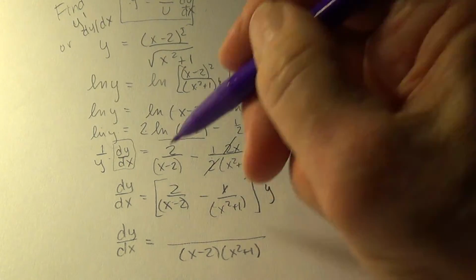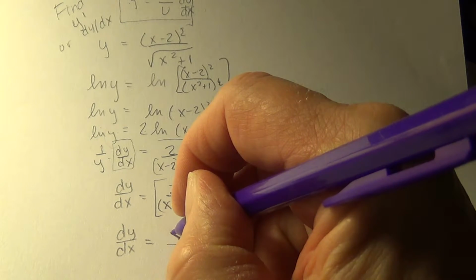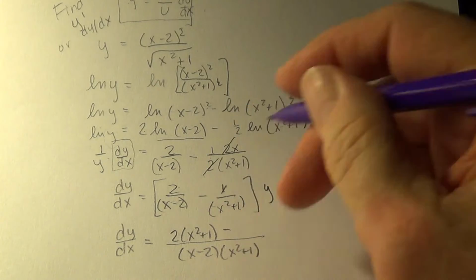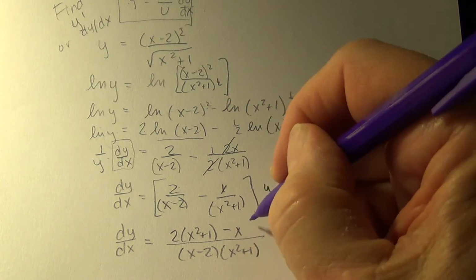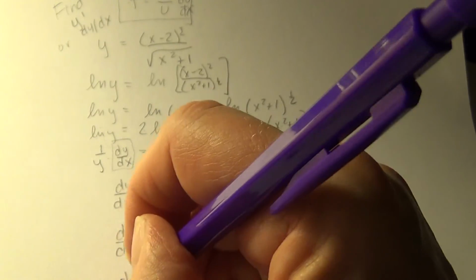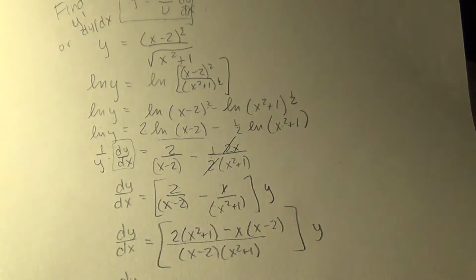And when I do that, this needs the x squared plus 1, and this needs the x minus 2. Alright, so multiplying, oh yeah, and this still times y.